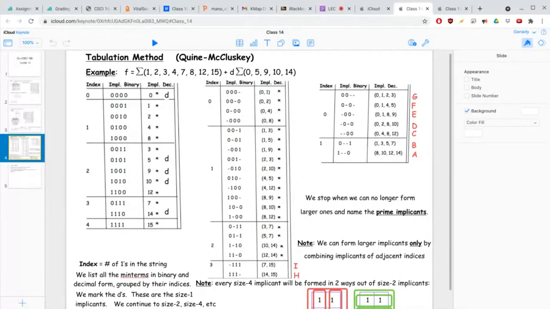Is there a way of maybe identifying if any of them are essential implicants, or are they only prime and we can't really figure that out unless we draw a K-map? For now, we will stop with the Quine-McCluskey here, right? But yes, you know how to figure it out on a K-map just by looking at them. With the tabulation method, it's again sort of an exhaustive search.